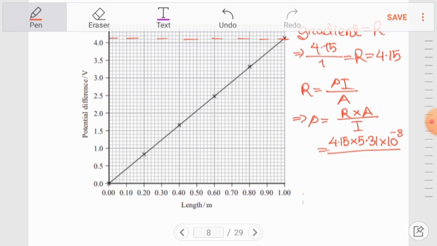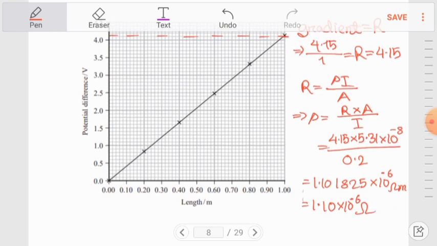It was given at the top of the question B. So it was 0.2, and if you calculate it, you get a value of 1.101825 into 10 to the power negative 6. And you can obviously write it as 1.10 into 10 to the power negative 6 ohm meter, not nanometer, ohm meter. And with this, our 19B1 ends.